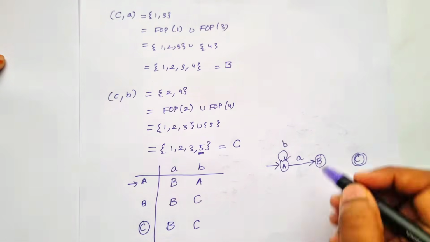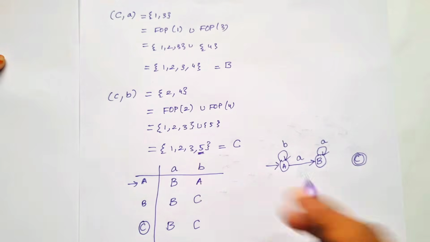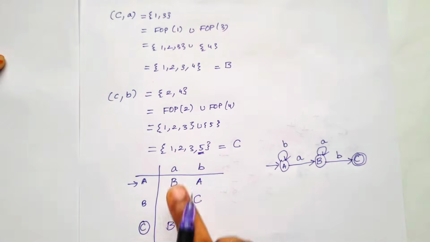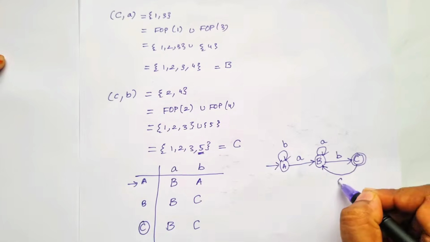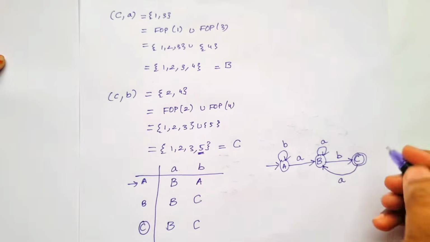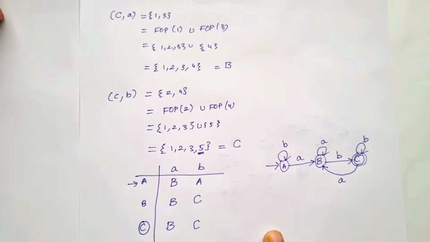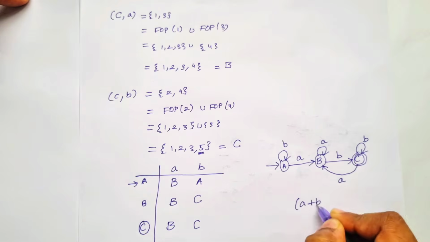B on a, it is going to B only. B on b, it is going to C. C on a, it is going to B. C on b, it is going to C itself. This is the minimized DFA for the regular expression (a+b)* followed by ab.